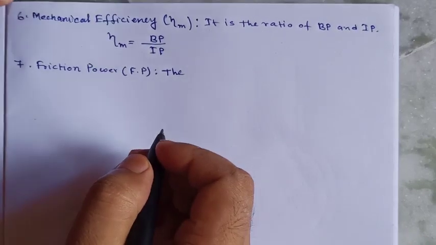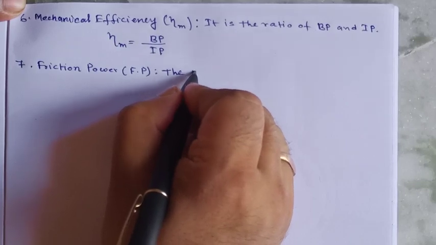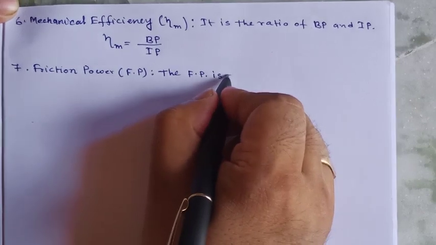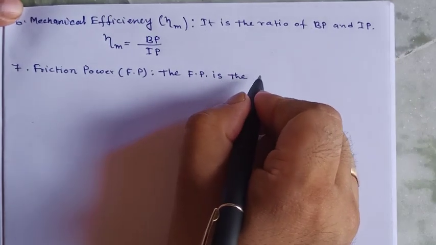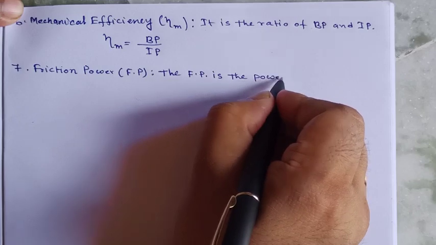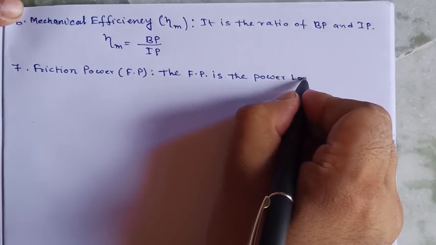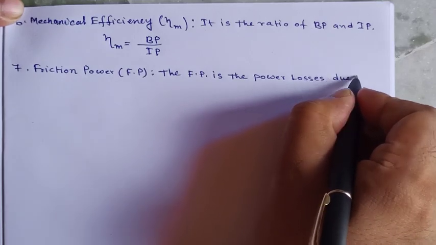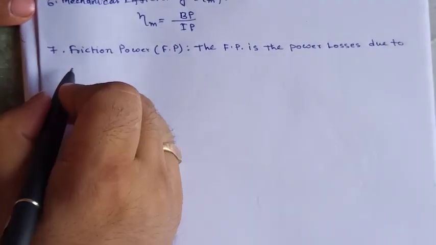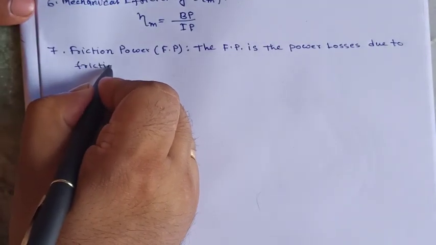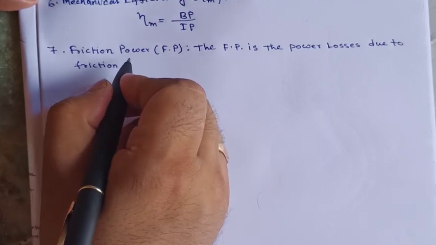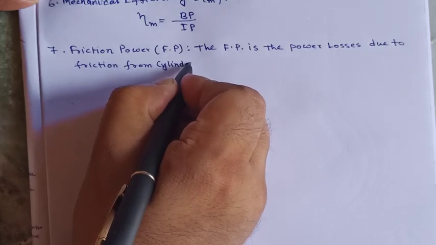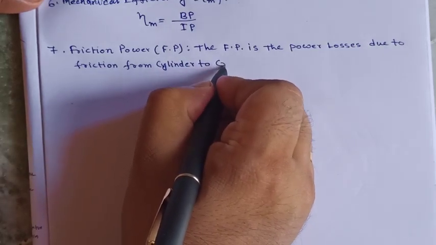So FP is the power losses due to friction from cylinder to crank.